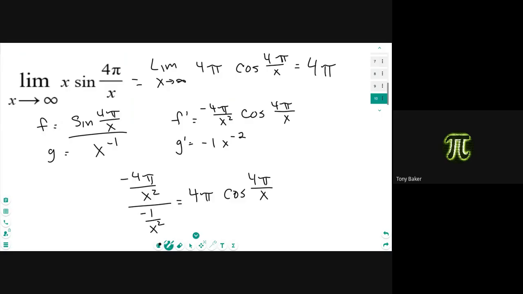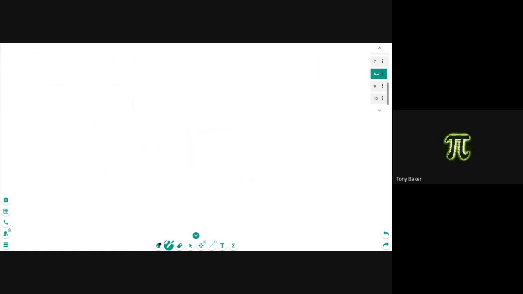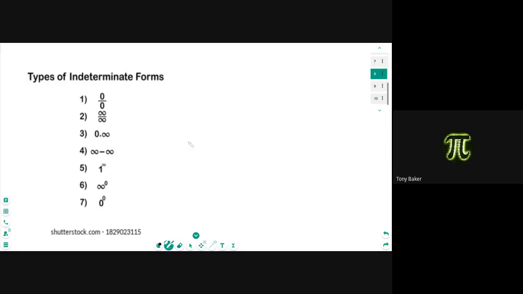Is it not going to give me one? So these two, easy. This one, change to a fraction first.